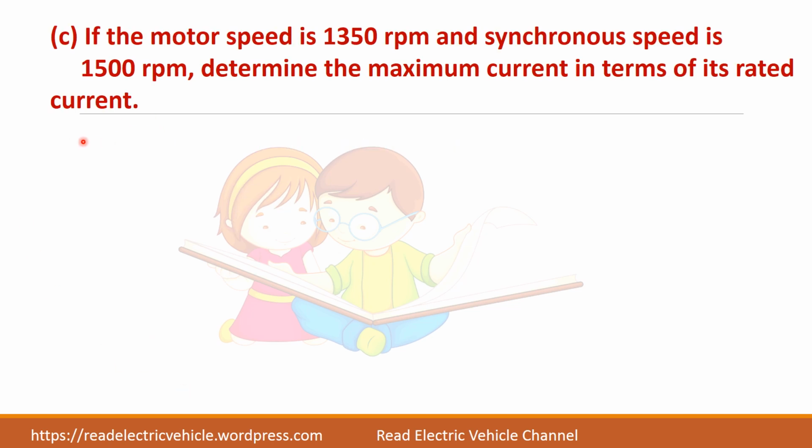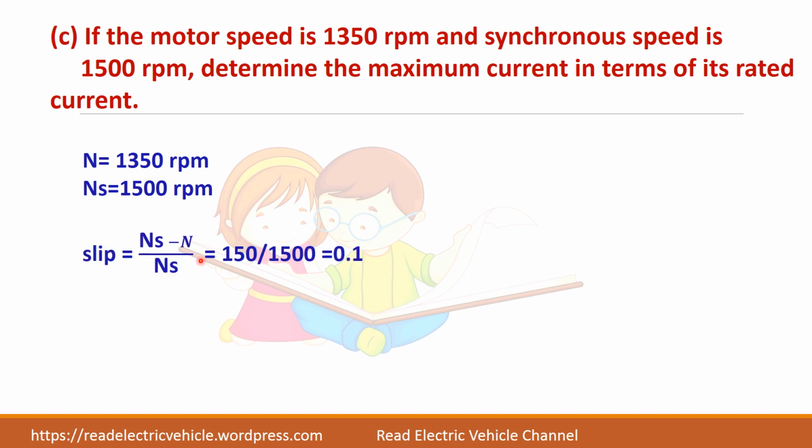Next question, we have to find the maximum current in terms of its rated current. Motor speed is given and synchronous speed is given. So let us find what is the slip value. Slip is coming around 0.1. Now already we have calculated the maximum current.